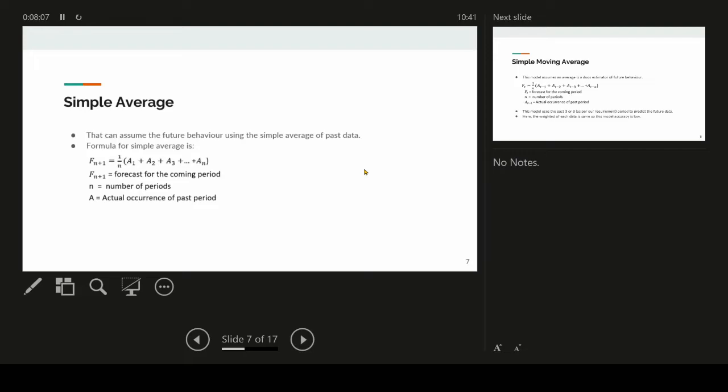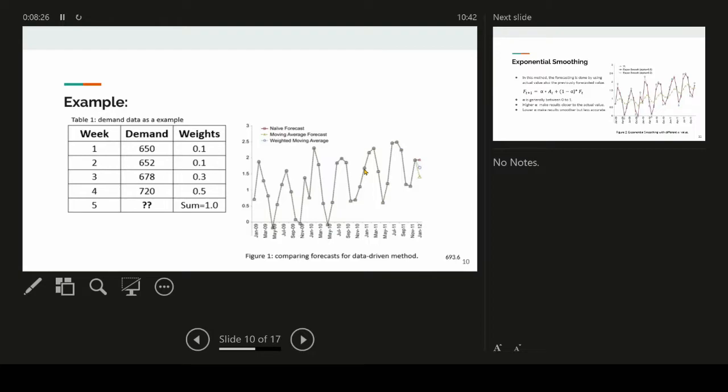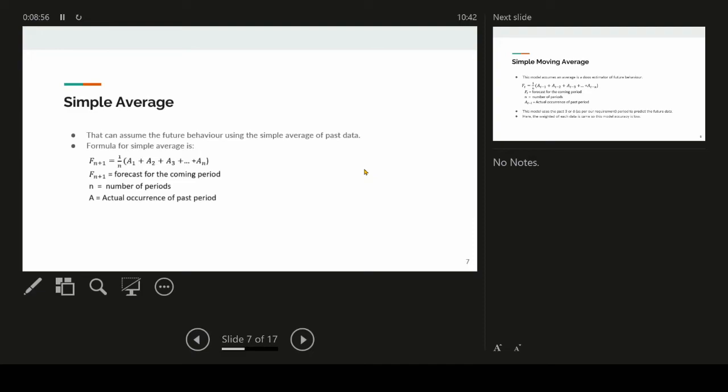Here it averages the whole data, which has four weeks of data, and makes the forecast for the next value. Looking at the table, it has four weeks of data, so the simple average model predicts the next forecast: the sum of those four demand values divided by four gives the simple average forecast.